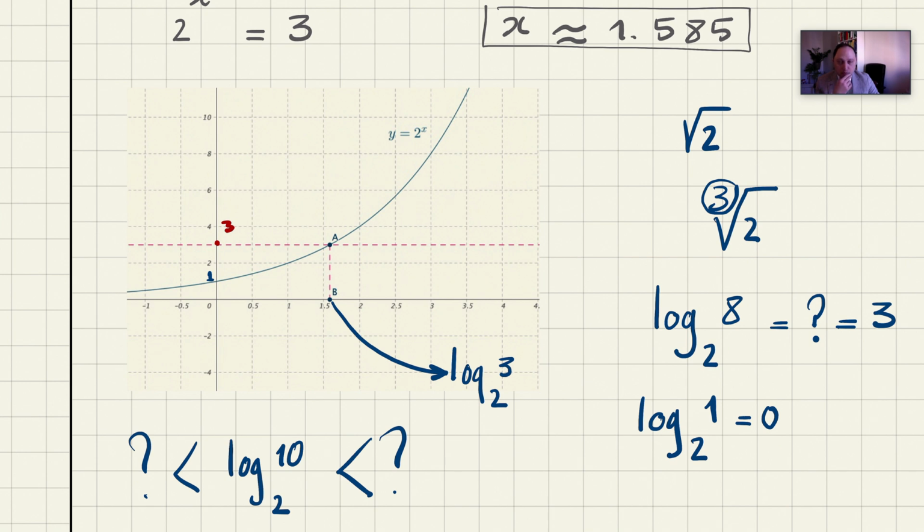I would say 3 and 4. 3 and 4 is correct, but better than that? 3 and 3.5.